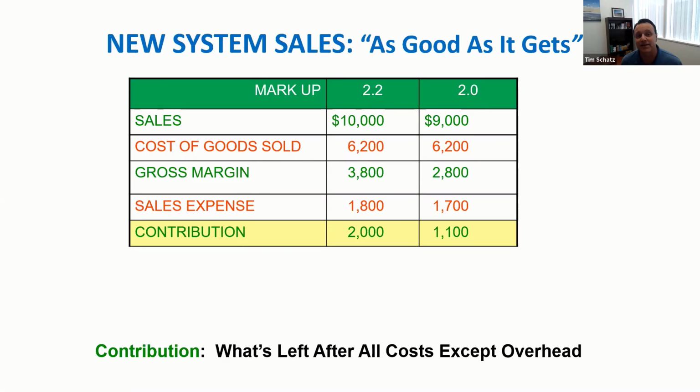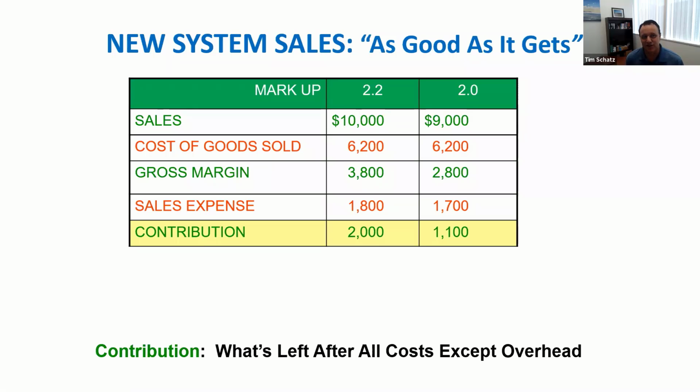It's still $1,100. But you might not make the same decision if this was a $100,000 deal where any one of a number of things might be able to go wrong. And it might be, gosh, if we have any hiccups in the installation or if we have any issues, we could very easily be breaking even at a contribution level before we pay overhead. You might choose to not take it.